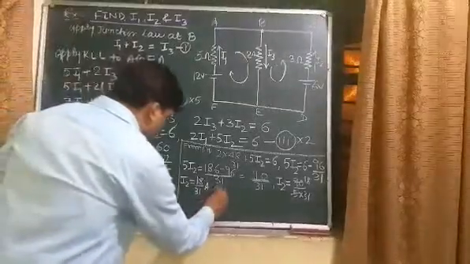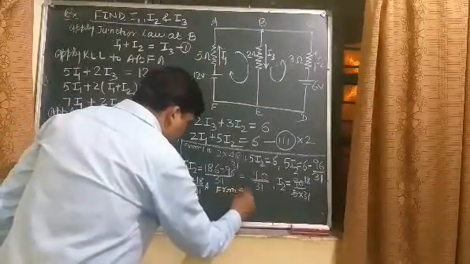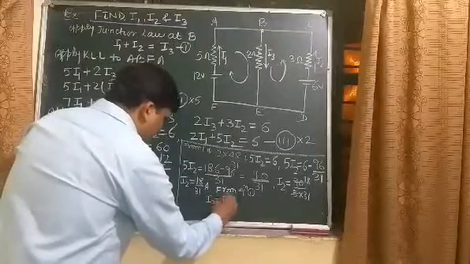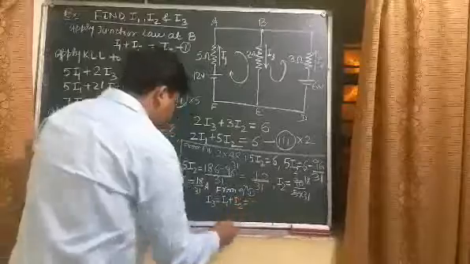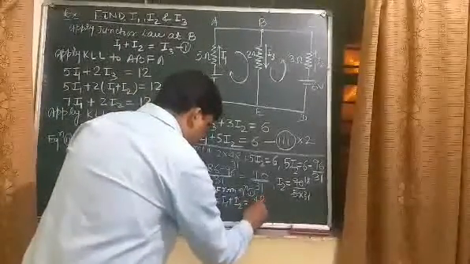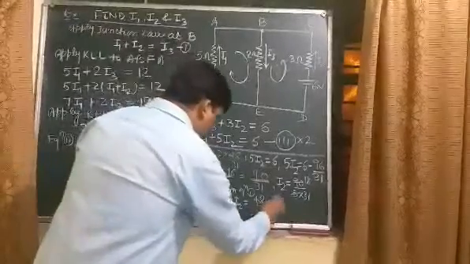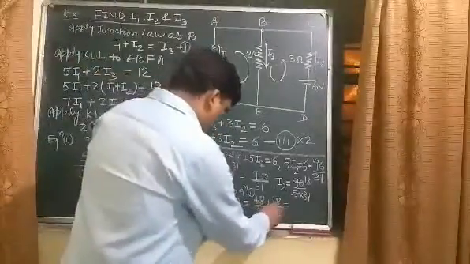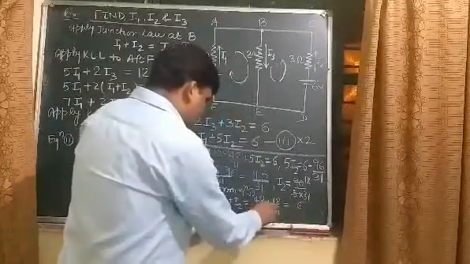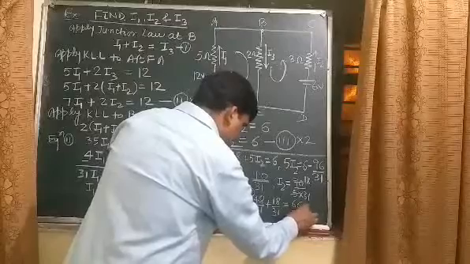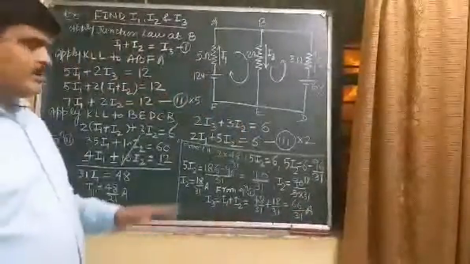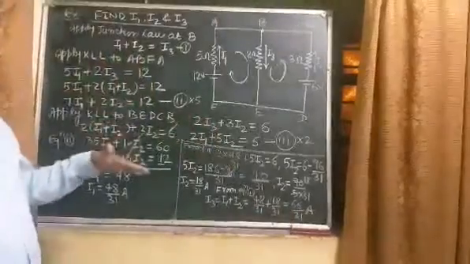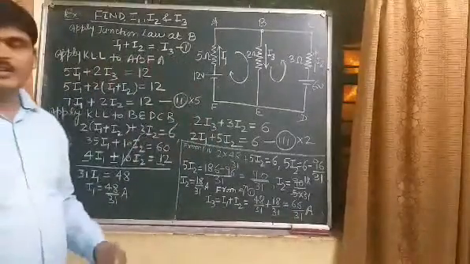So from equation 1, I3 equal to I1 plus I2, and it comes out to be 48 by 31 plus 18 by 31, and as the denominator is the same, 48 plus 18 is 66 by 31 ampere. This is the value of I3.